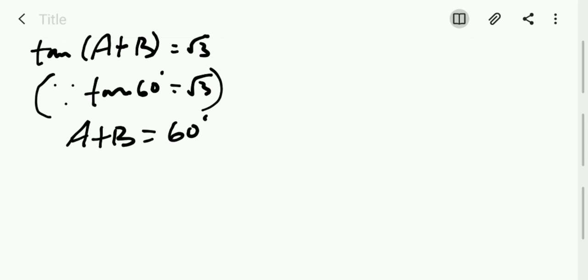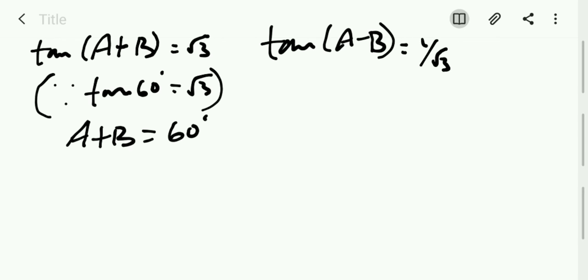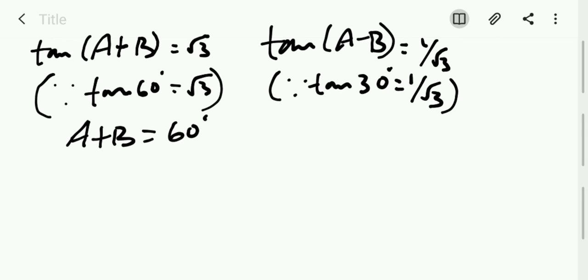Now the same thing, remember the first sum and how we solved it? Pretty much the same thing guys. Tan(a minus b) is 1 by root 3, right? This was the sum. For what value of the angle do you get tan equal to 1 by root 3? Tan 30 is 1 by root 3.